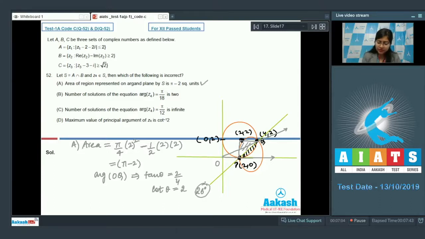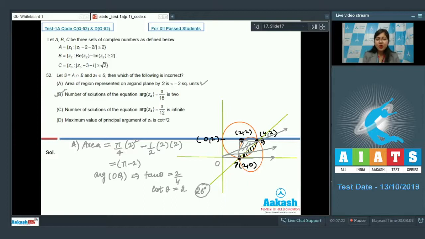So we are talking about 10 degrees, so 10 degrees is lying somewhere here. So for these points we have infinite points here whose argument is pi by 18, but it is saying that it is 2, so this option is incorrect. So this is our answer.